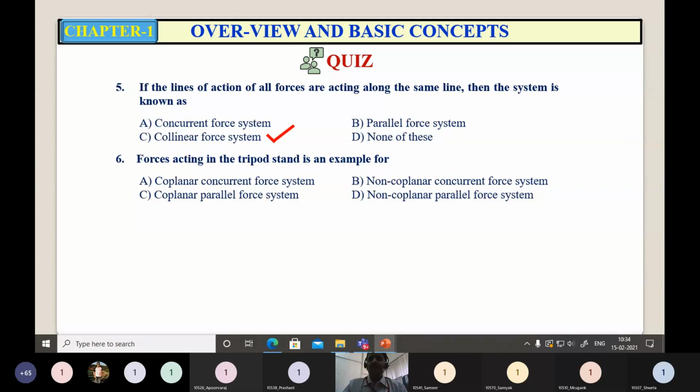See, I will give you an idea of how the tripod looks. Suppose you have this X, Z plane, the horizontal plane. You have this Y. These are the legs of the tripod.